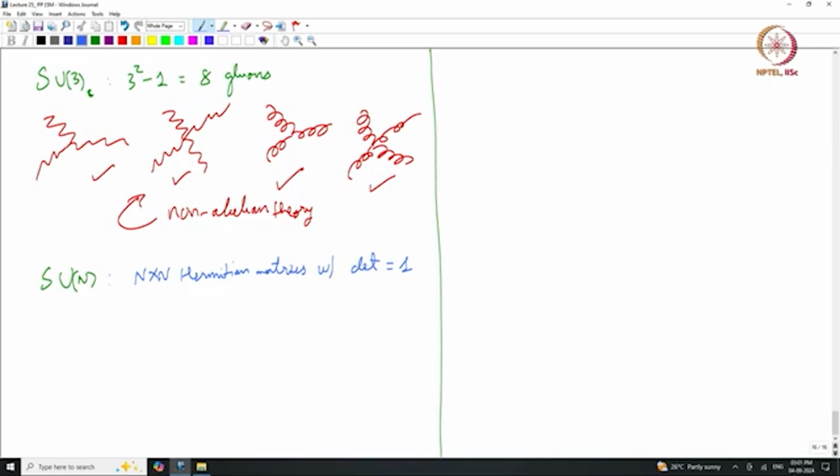So, let us look at a bit more about what we mean by fundamental representation, and what I am going to do is take gauge transformations in the infinitesimal limit.